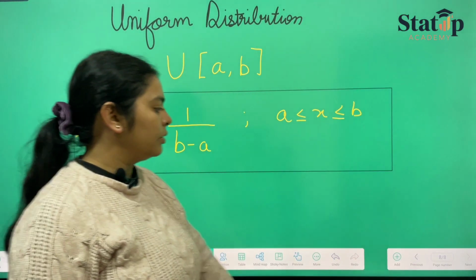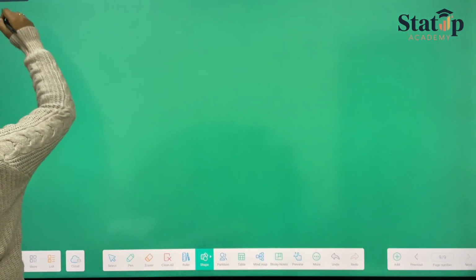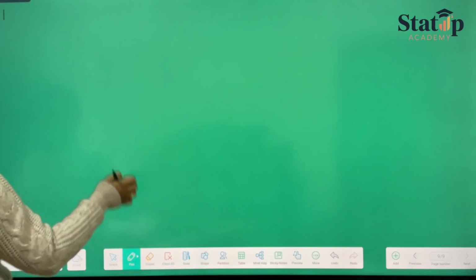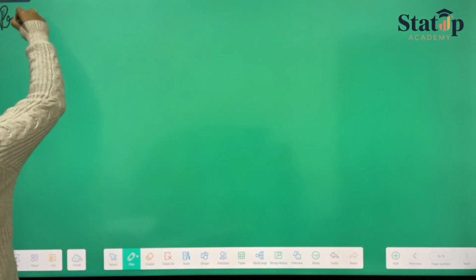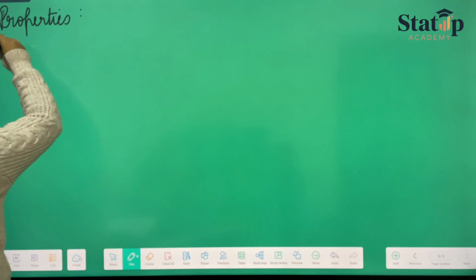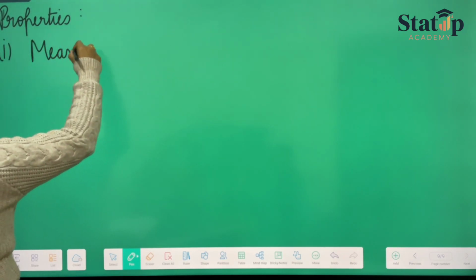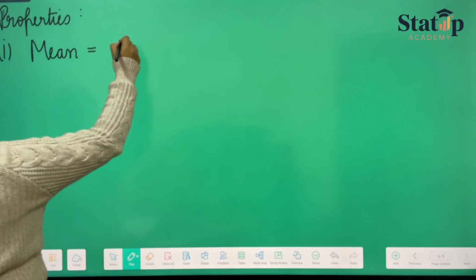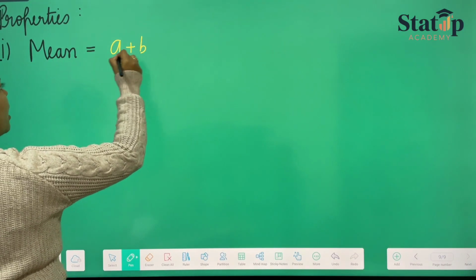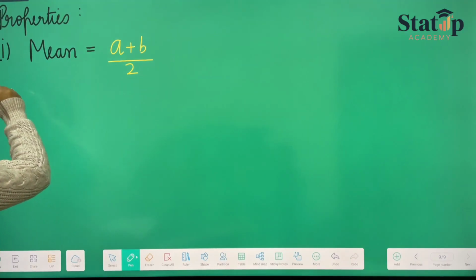Now there are some important properties of uniform distribution. The properties are as follows. First property: if we have to calculate the mean of uniform distribution, then it will be a plus b upon 2, which is the average of the upper and the lower limit.